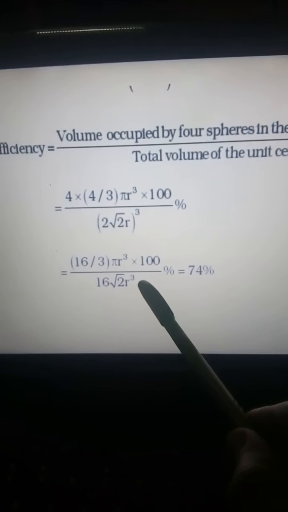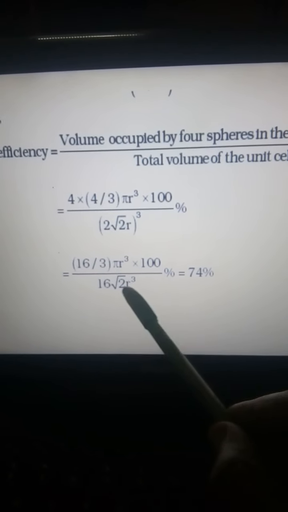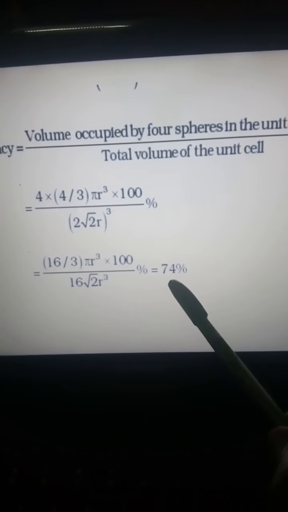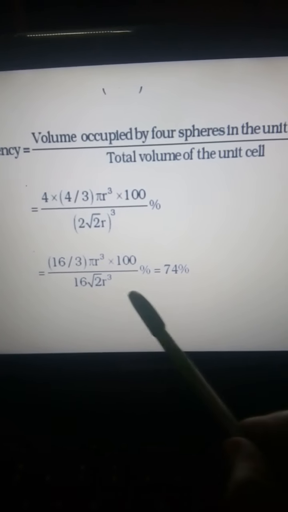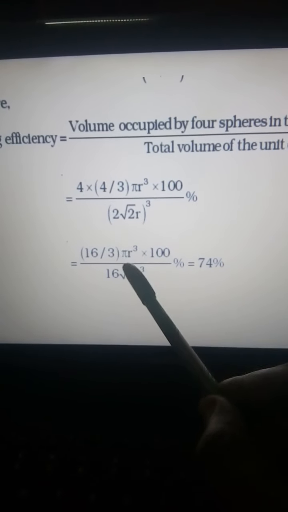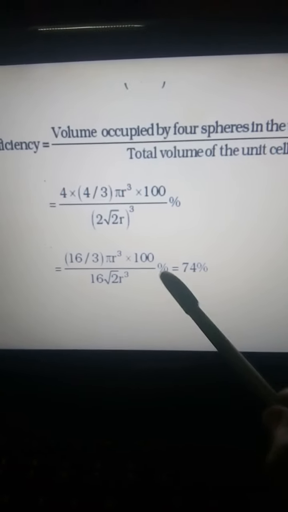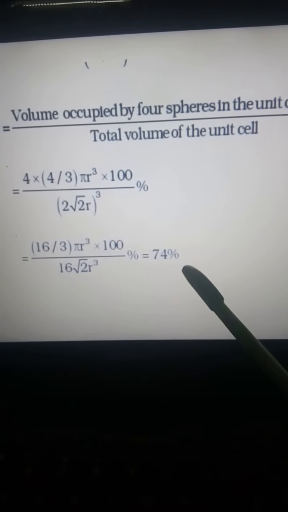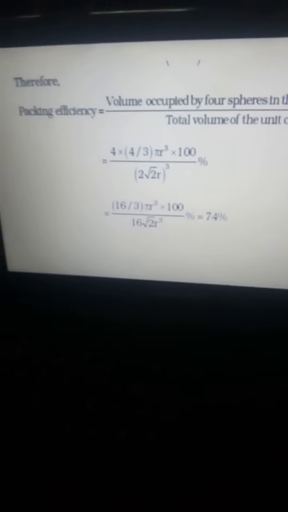Then if you do the cancellation, r cube will be cancelled. You put the value of pi, that is 22 by 7, and if you do the calculation, ultimately you will get 74%. That means the packing efficiency of a face centered cubic crystal is equal to 74%.